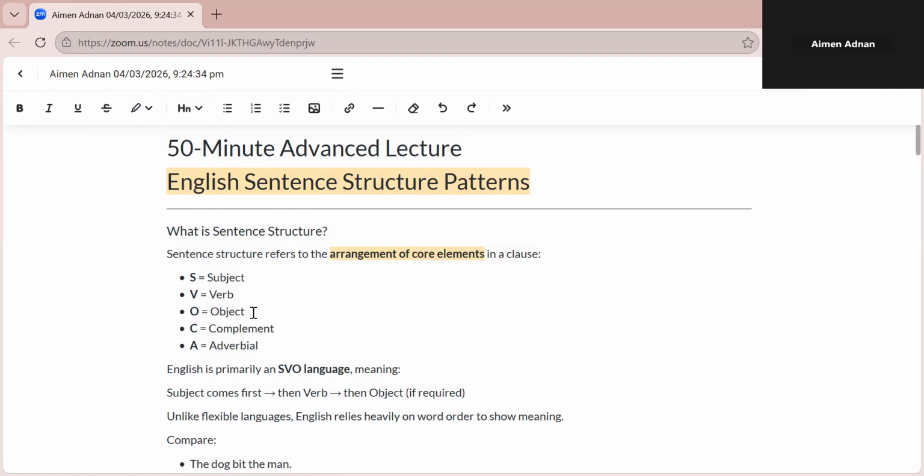We will discuss further that there are two types of complement, and complement basically means that they're enhancing the meaning of a certain aspect. And then A, which is the adverbial. Adverbials are the adverbs that are enhancing the meaning of the verb in the sentence.